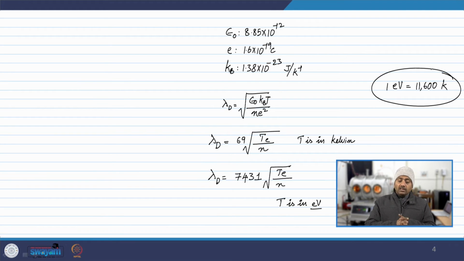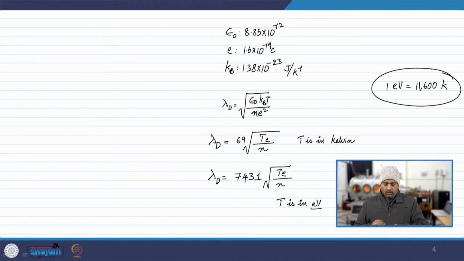Debye's length is very important in characterizing plasma. What kind of plasma is it, is it a very strong plasma, or can we call a particular ionized gas a plasma, or should we call it a gas? In order to make this difference, we need the measure of Debye's length for a particular plasma.